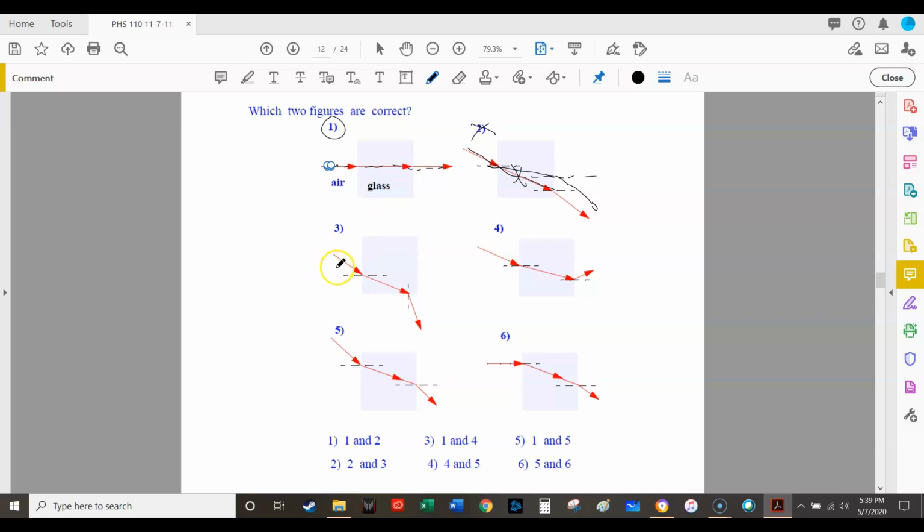Number 3, interesting problem. Okay, so it's going to be coming in, bending here, bending along the normal, and then when it gets to right here, it's at this angle, and it's showing it bending towards the normal, but it should be bending further away from the normal. So it should be either bending out or probably reflecting off the surface.